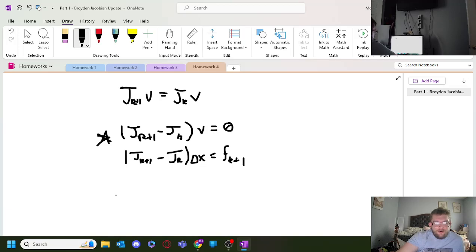So, J sub k plus 1 minus J sub k. There has to be a delta x transpose in the numerator.